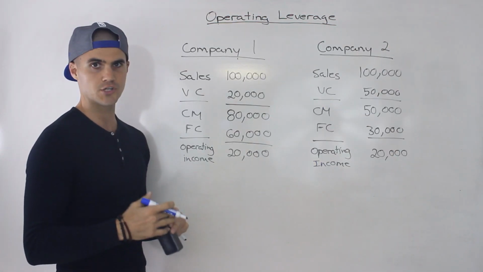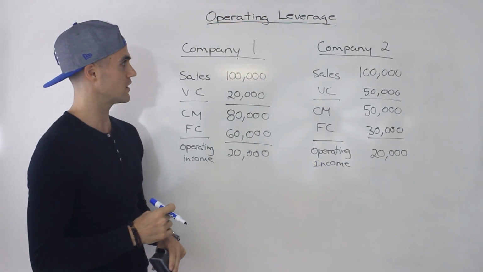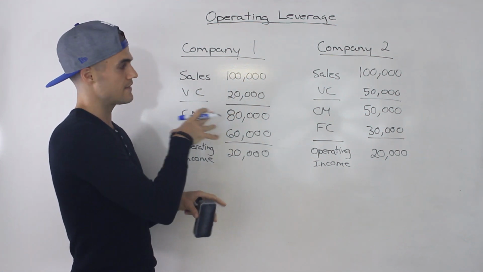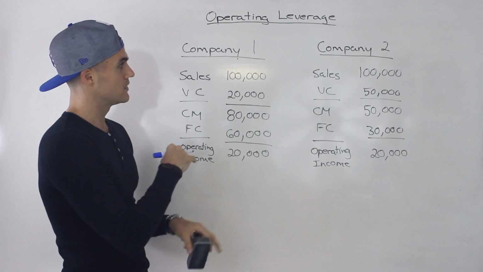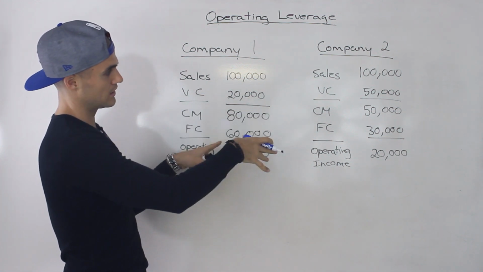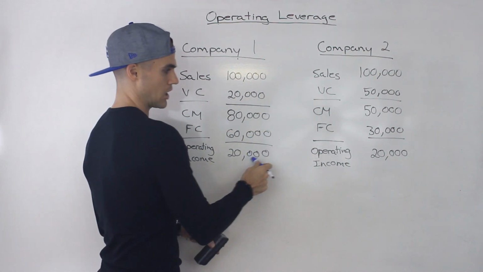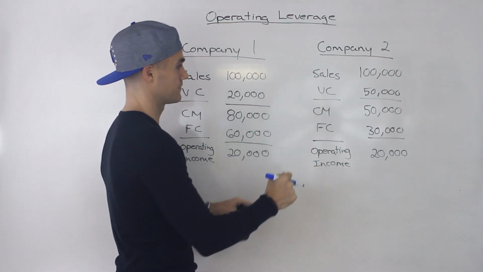Now, the last thing I want to mention about operating leverage before finishing off the video is you could be looking at two different companies that have different cost structures. So notice that these two companies, we have their income statements here. Notice that the sales are the same and the operating incomes are the same.